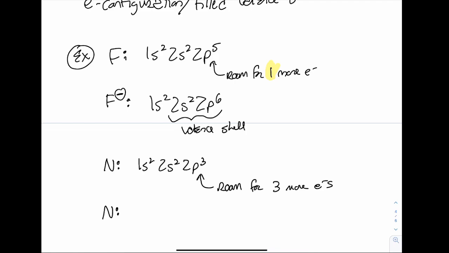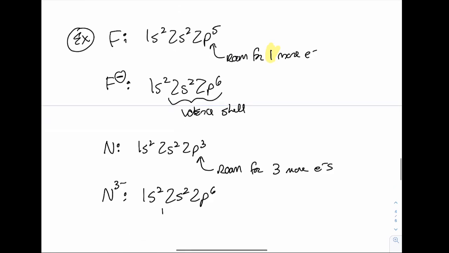So nitrogen, I forgot to put my 3 there, is going to gain 3 electrons and have a -3 charge. Again, remember when we're writing charge, we put the number first and then the sign. So again, I have an octet, a filled valence shell, and the same electron configuration as neon. Again, be careful, don't say it's become neon, it has not. To be neon, it would have to have 10 protons, and nitrogen with a -3 charge still has 7 protons.